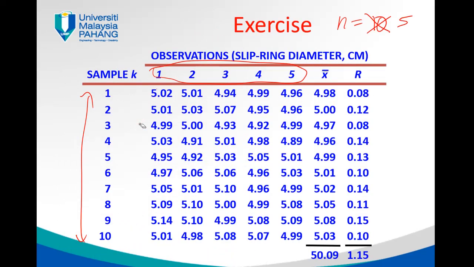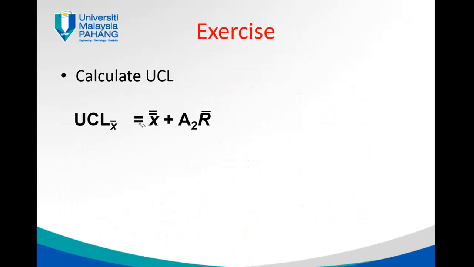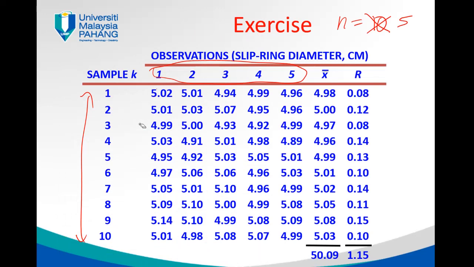Alright. Then the second thing is, before that, you need to understand how to calculate R here. R is the range of this data. Range means equal to maximum minus minimum data.